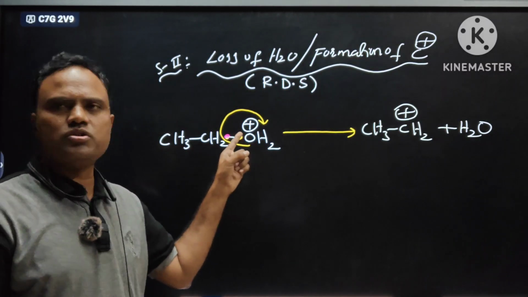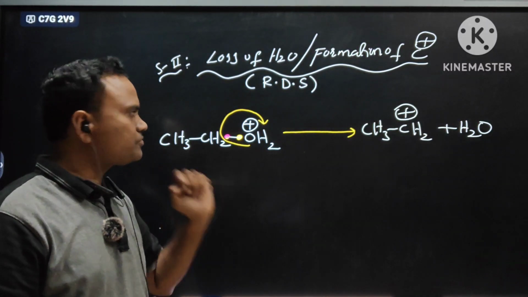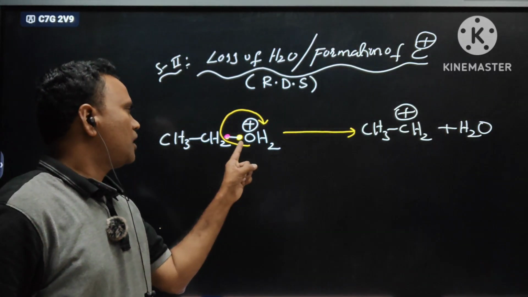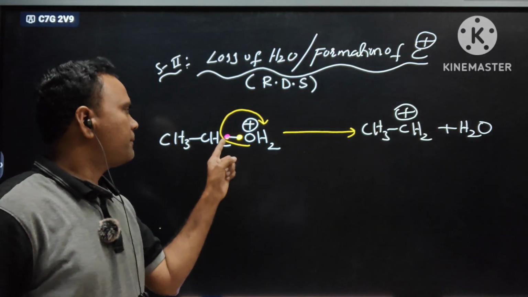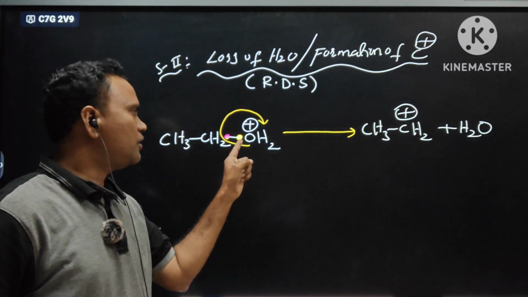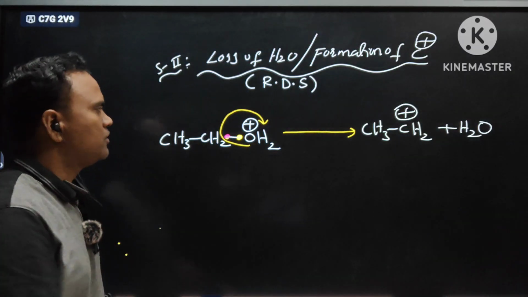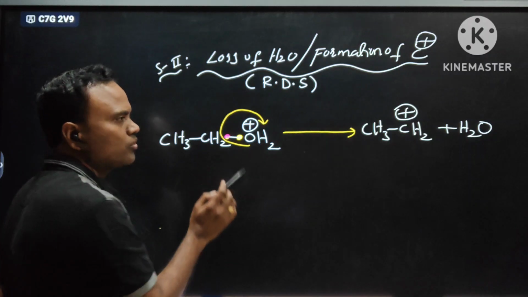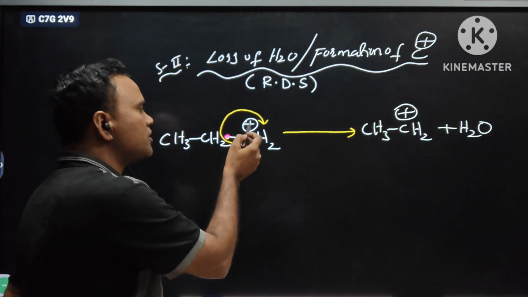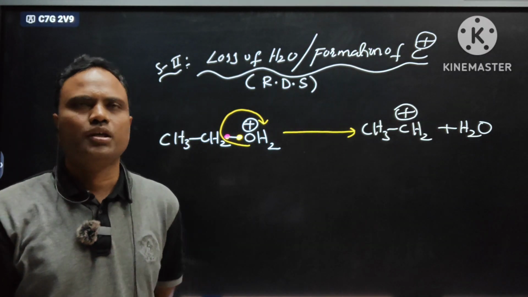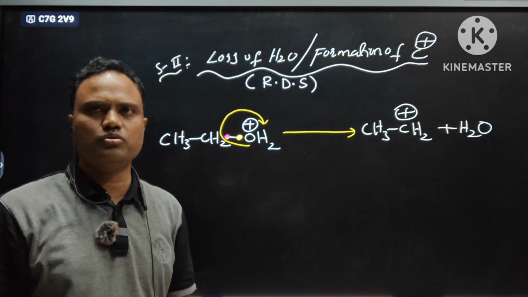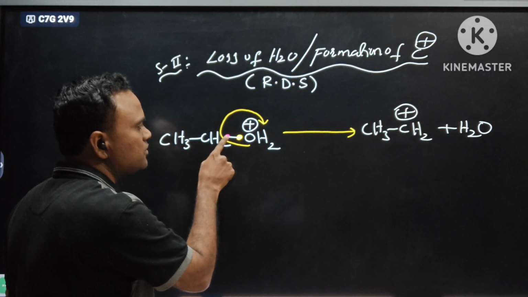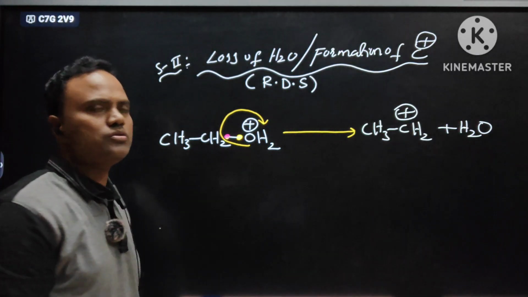Oxygen with positive is unstable, right? In this bond, how many electrons are present? Two electrons: the yellow electron and the pink electron. The pink electron belongs to carbon, the yellow electron belongs to oxygen. Oxygen takes its own electron and the electron of carbon also. Why is it taking the electron of carbon also? To nullify this positive charge. One positive charge is there on the oxygen, so to neutralize it, it needs one extra electron.